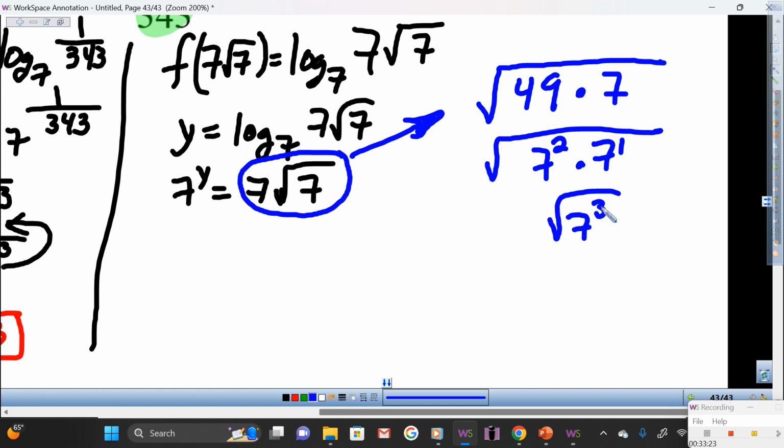However, we need it in the same base. 7 to the third without the square root. How can I write the square root as an exponent? Tell your neighbor, please. How can you write the square root as an exponent?